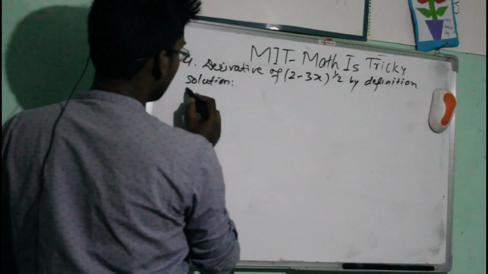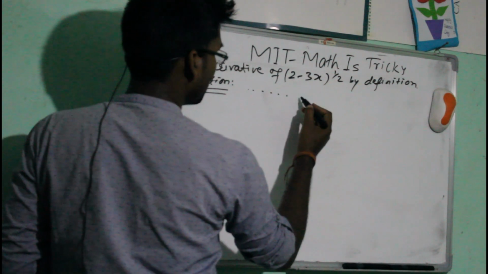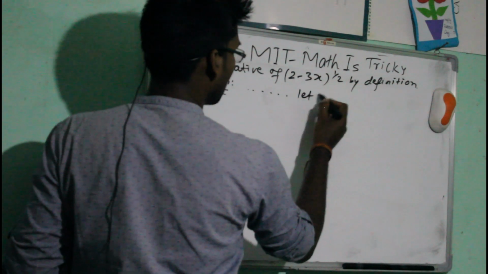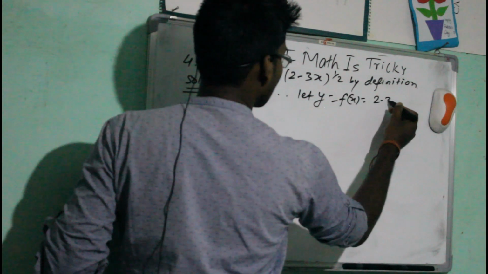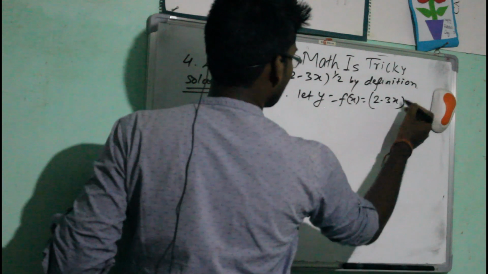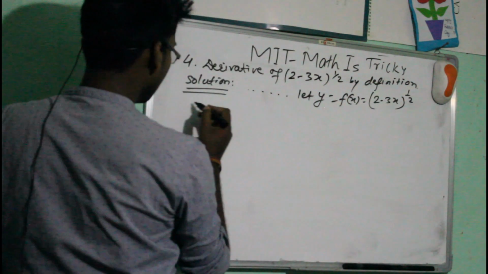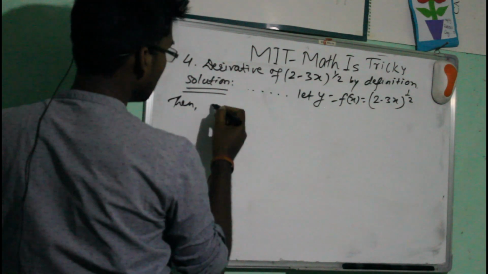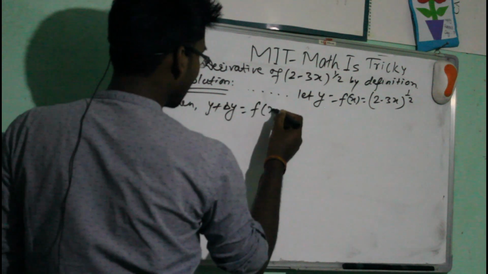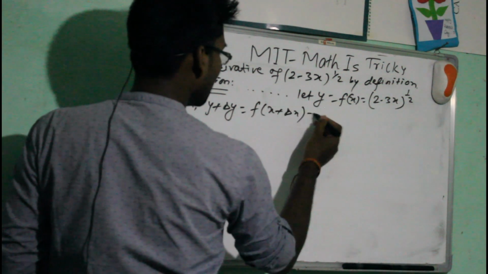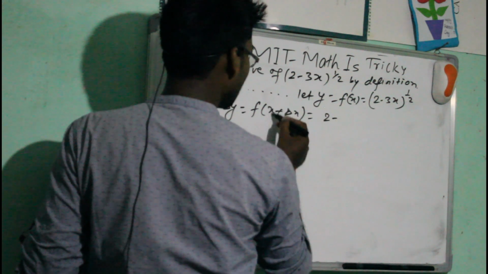Please copy the language from previous videos here, and after that always write: let y equals f of x equals the given function (2 minus 3x) power 1 by 2. Then we write y plus delta y equals f of x plus delta x, and it gives 2 minus 3 times (x plus delta x) whole power 1 by 2, in which we just replace x by x plus delta x.